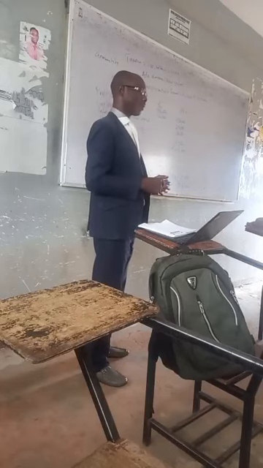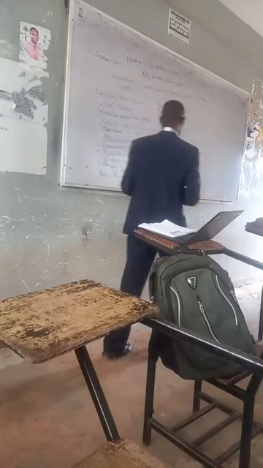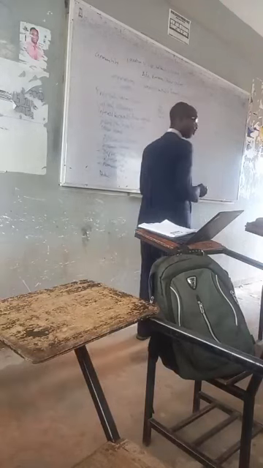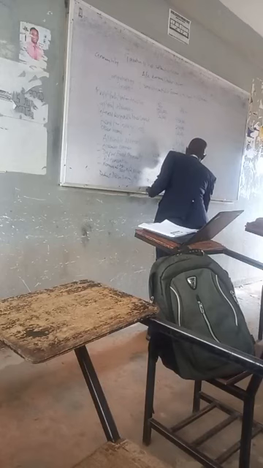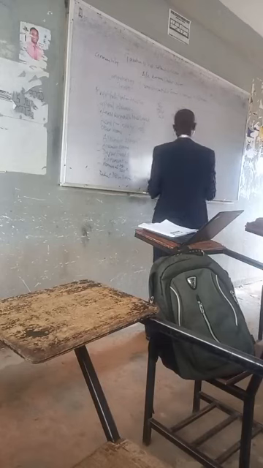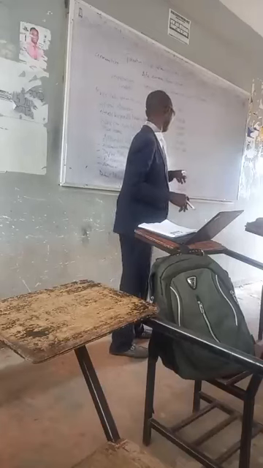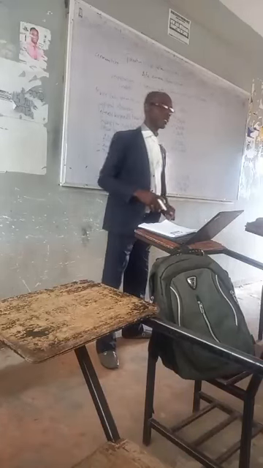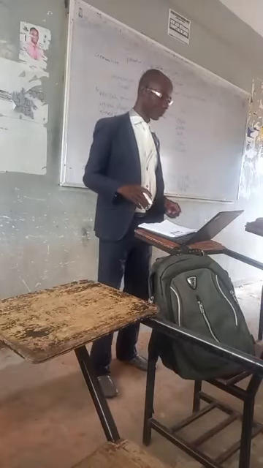Do we have 105,000? 105,000. Write it here. This is also money going out, so you deduct it. Deduct it, let's have the total.